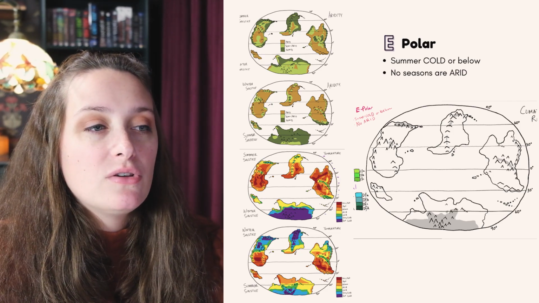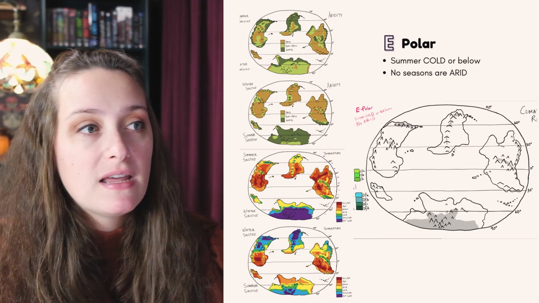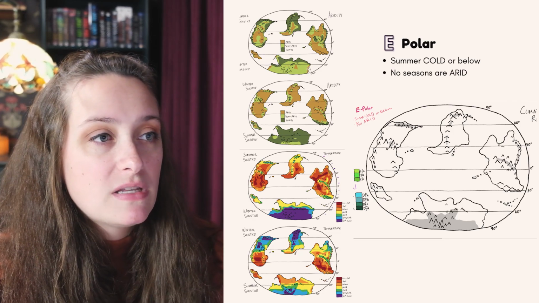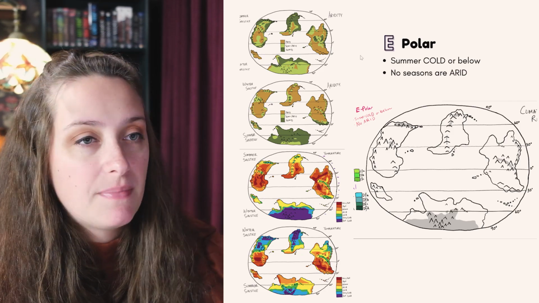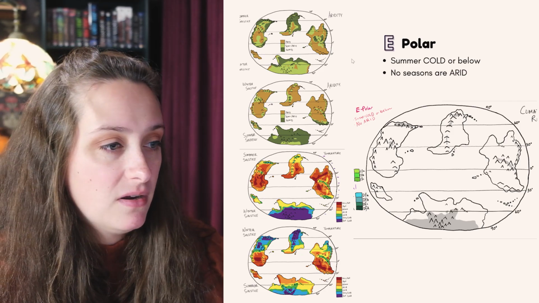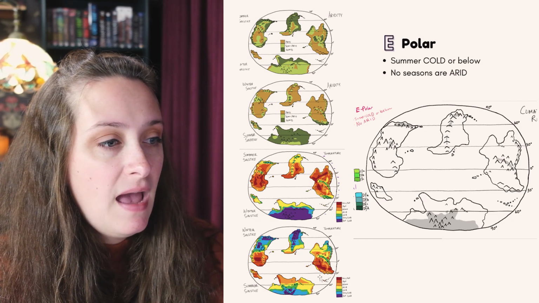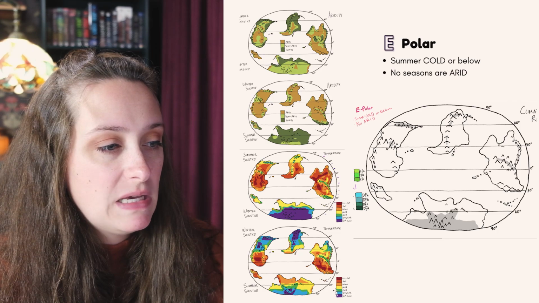So you'll see that summers in that hemisphere are going to be colder below, and no seasons are arid. And I put my maps up over here so you can see this, and I won't go this in depth for all of these, but for this hemisphere, summer is going to be right here, and those have to be colder below, which is going to be green or lower.